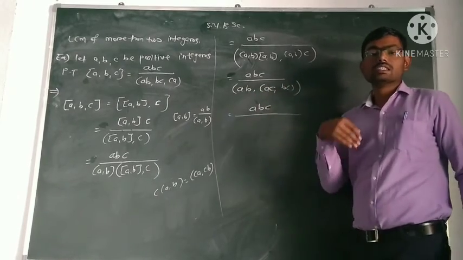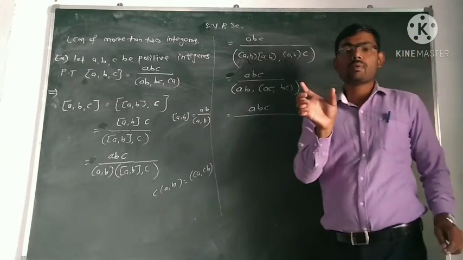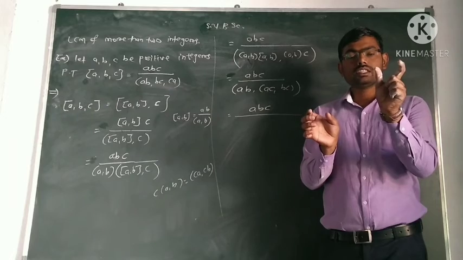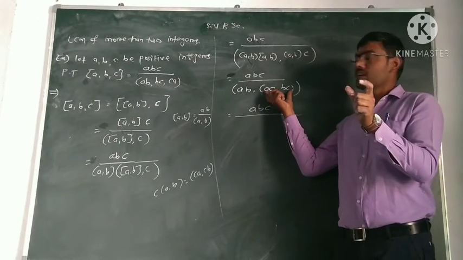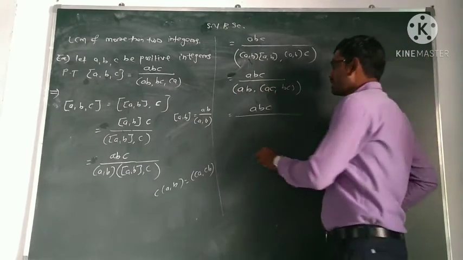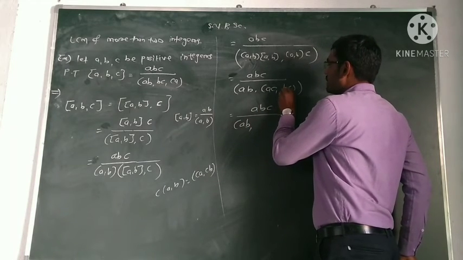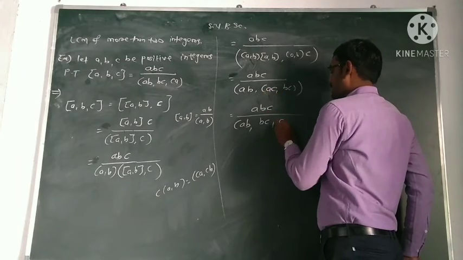The GCD of AB with the GCD of two numbers is the same as the GCD of all three numbers. We are seeing the concept of the GCD of more than two integers. The GCD of three integers, how do we find it? We take the GCD of two integers and take the GCD of this value with the remaining integer. This is the same as the GCD of all three integers. So this is equal to the GCD of AB, BC, and instead of AC I will write CA.